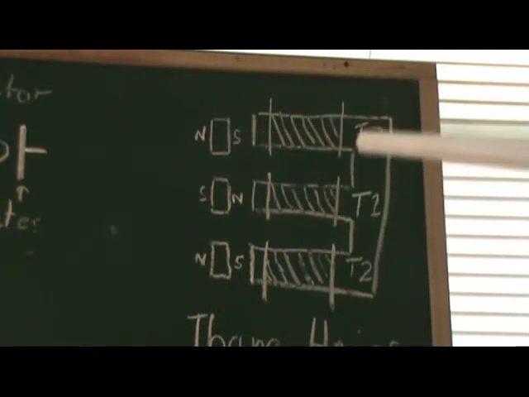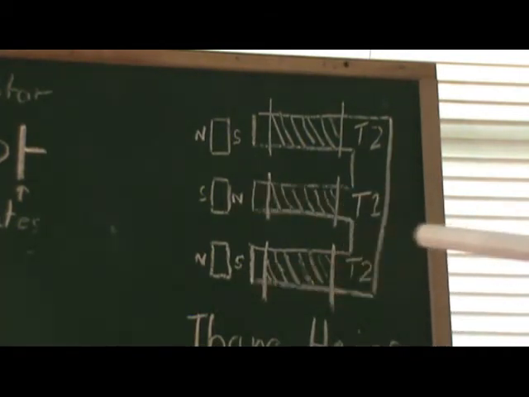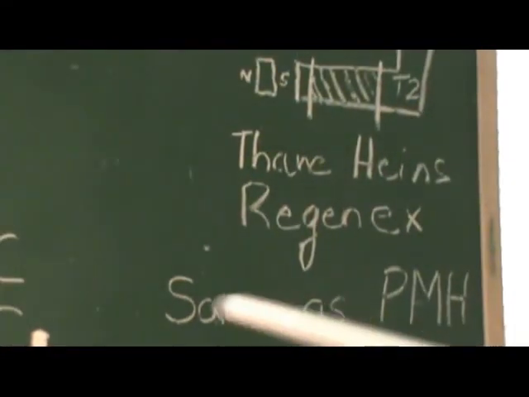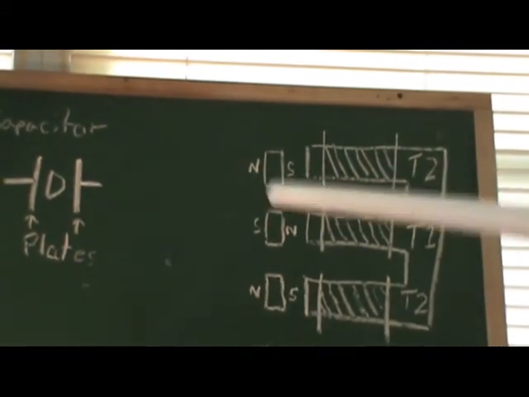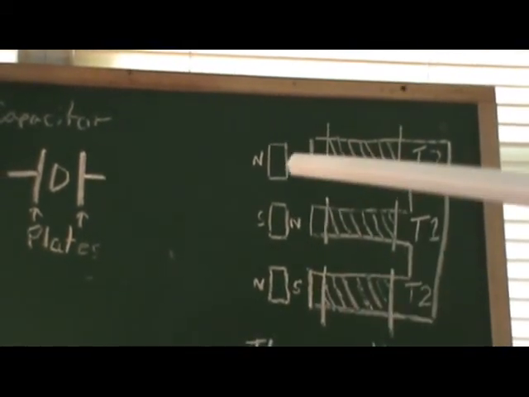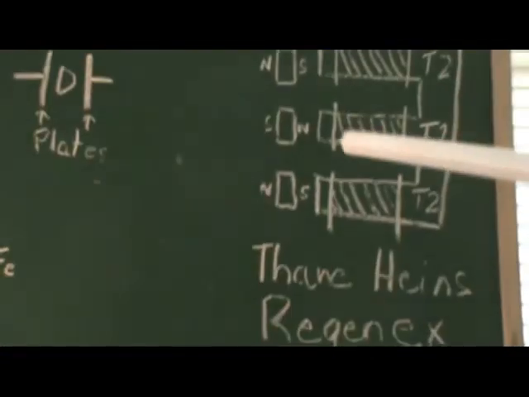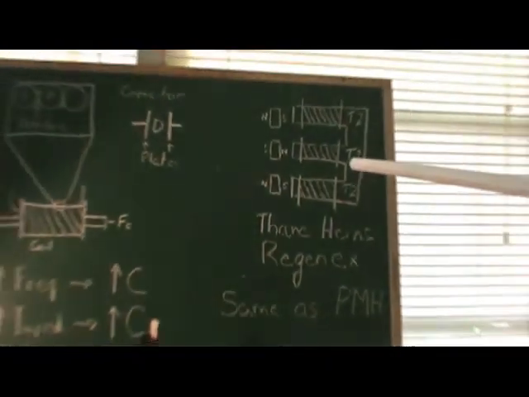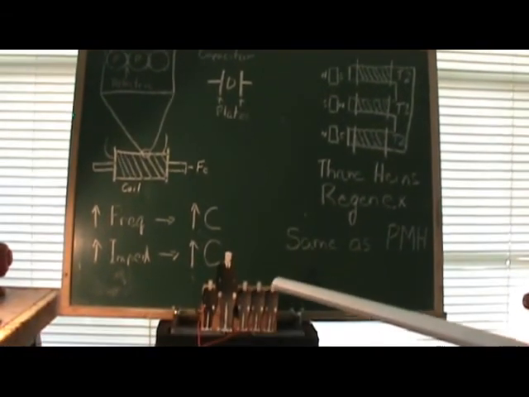So I'm thinking now, after doing the demos too, and I just wrote down, it's the same as the PMH. We have communication between the poles, right? And then as the magnets move, this becomes north, south, north, and it's just an alternation of the same thing. So basically, there you go, another long-winded video from Mr. Angus Wangus.